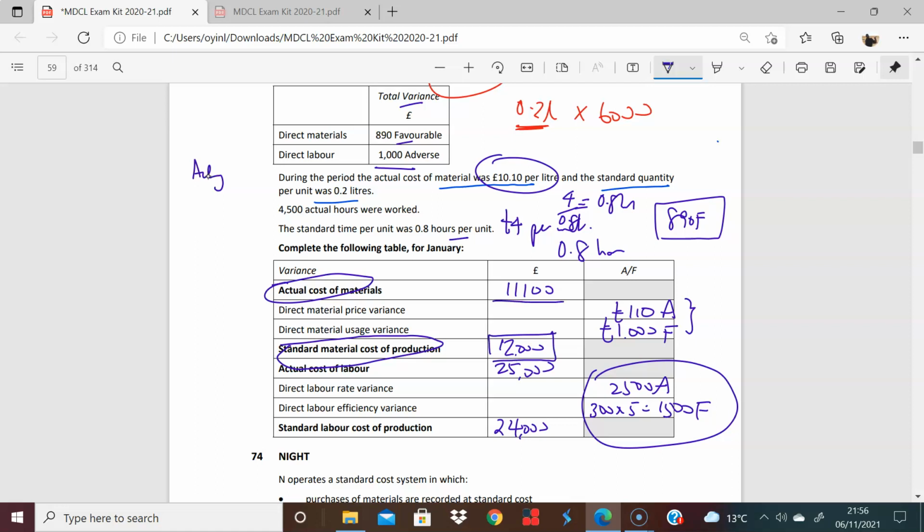But this is the actual cost times the actual output, and that's why you have that difference. Great. And that's like a flex budget. This is the actual flex budget, but we break it up into the two parts, and we do the same over there. Okay, great stuff.